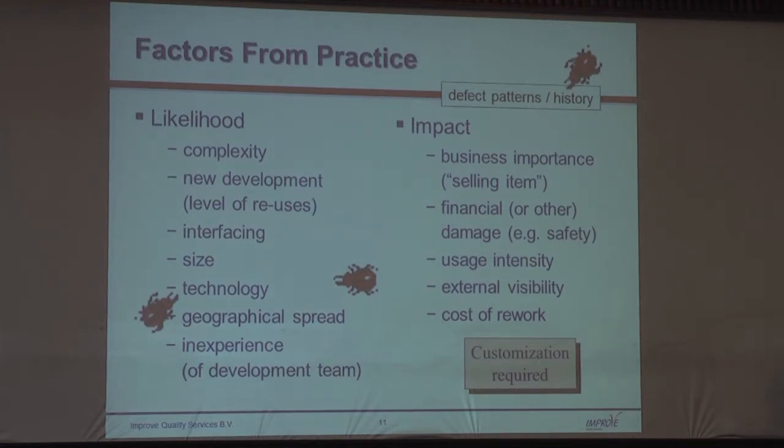The same for impact. What you don't want to ask is, is this feature important? Because you only get yes, yes, yes, it's always important. But what are the reasons? Why is it important? As I said already, external visibility. Sometimes it's important because it's used all the time by many, many people. The frequency of use. Sometimes it's important because if this fails, we have a financial problem, financial damage. Or I would say even worse in some industries, we have a safety issue.